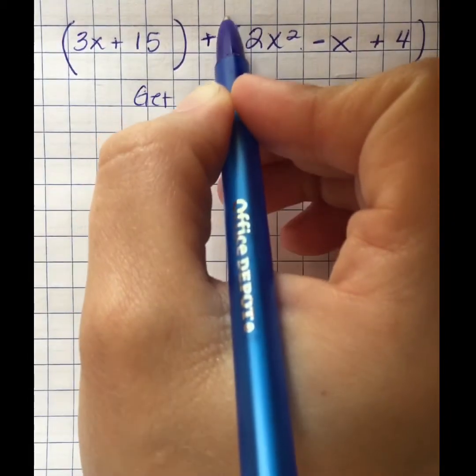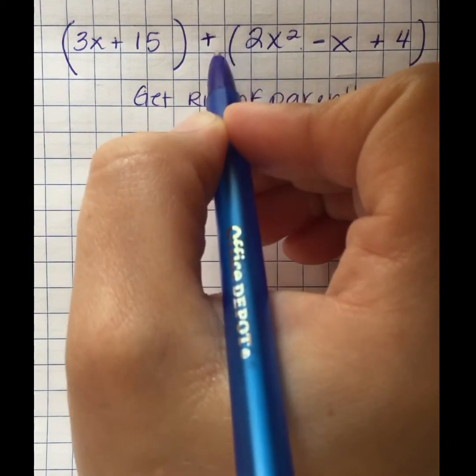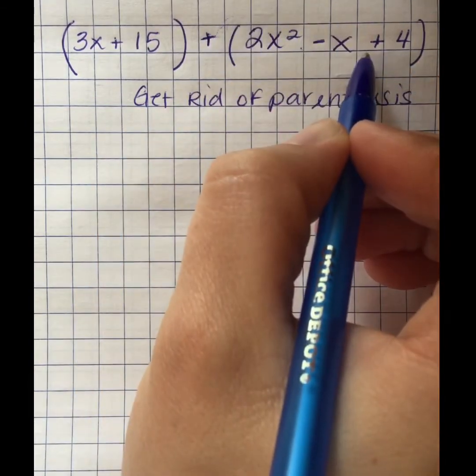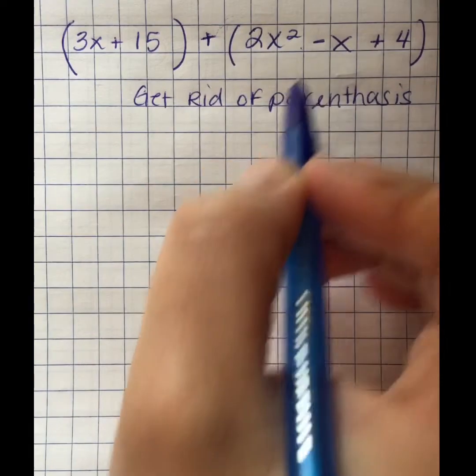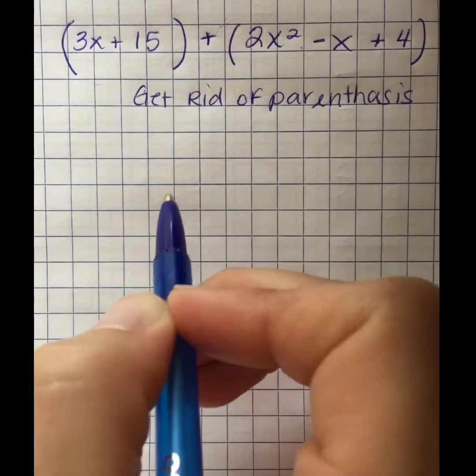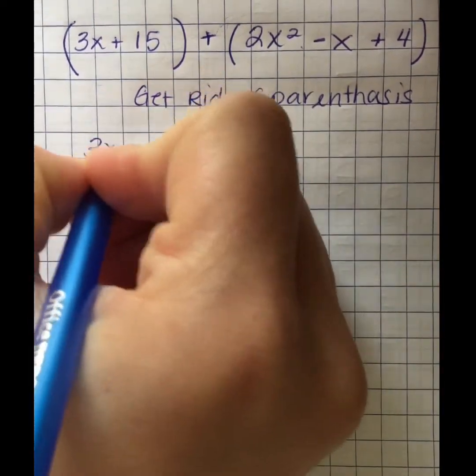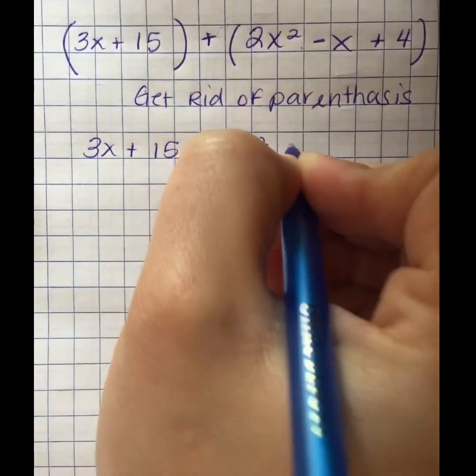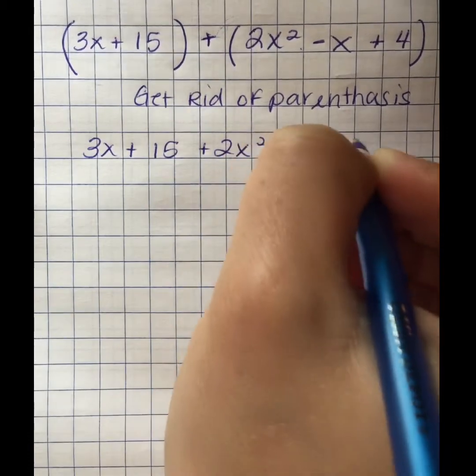There's technically a 1 right here, and by distributing that positive 1 in, it does nothing. So we can just get rid of the parentheses and write this down: 3x plus 15 plus 2x squared minus x plus 4.